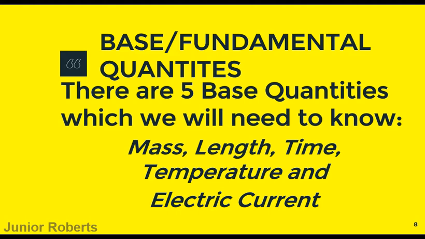However, there are an additional 2 base quantities which we're not going to be concerned about, but just to make you aware, we will list them here as the amount of substance and luminous intensity. But again, for our purpose, we're going to focus on mass, length, time, temperature, and electric current as our base quantities.